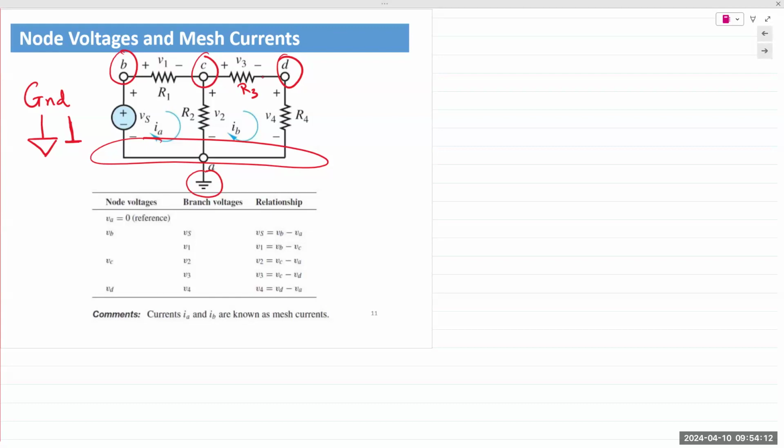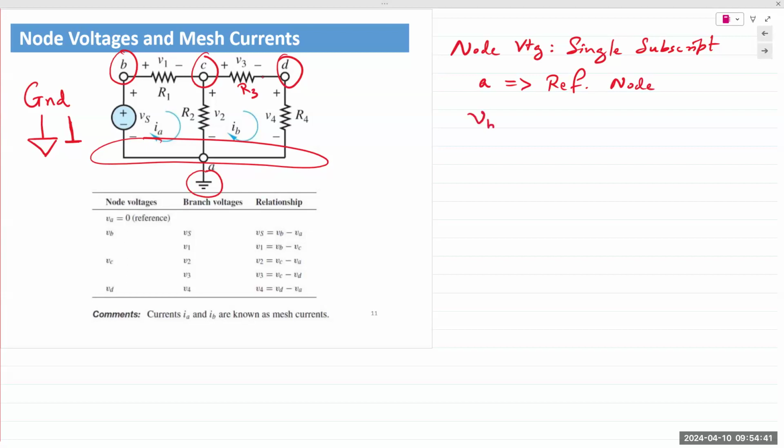Node voltage uses a single subscript notation. So in this case, A is my reference node, and that reference node is used for all voltage measurements.